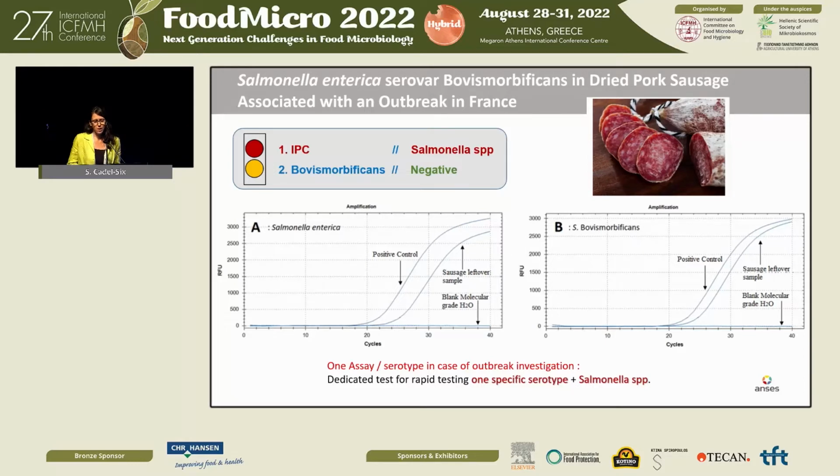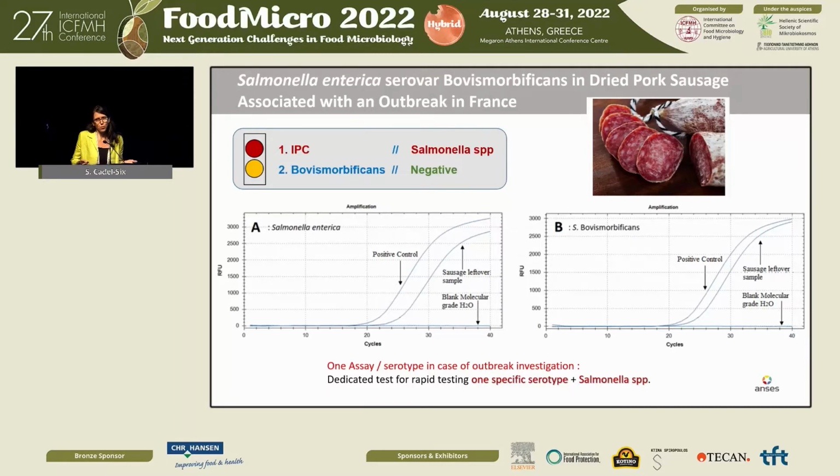So we were able to detect directly in DNA extracts of pre-enrichment broth of sausages the Salmonella Bovismorbificans responsible for the outbreaks. And this approach was also very interesting because we were able to identify specifically the epidemic clone, sequence type 142, responsible for the outbreak.